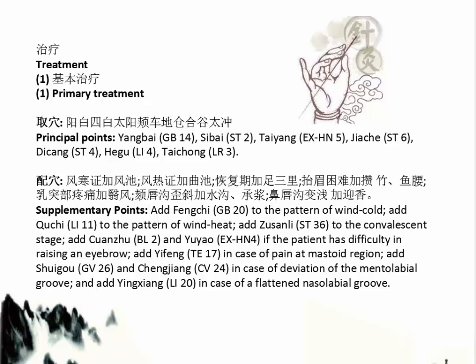It may be 99% due to a certain pattern, the exterior wind in this case, but it's likely that the patient has an underlying propensity to liver condition, internal wind as well.